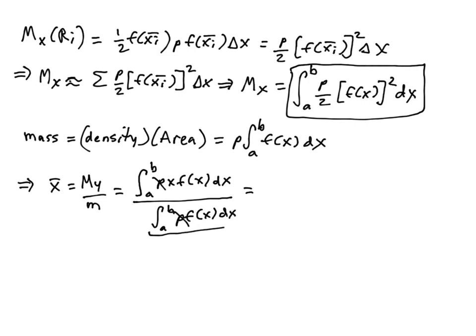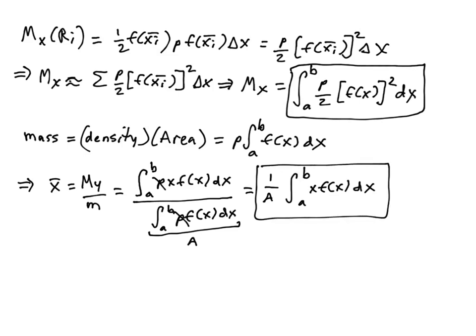By the way, this bottom guy is really just the area under the curve. So if we call that A, we get the following: 1 over A times the integral from a to b of x f of x dx. So this is x bar right here. And what would y bar be? You do the exact same thing except with Mx over m.